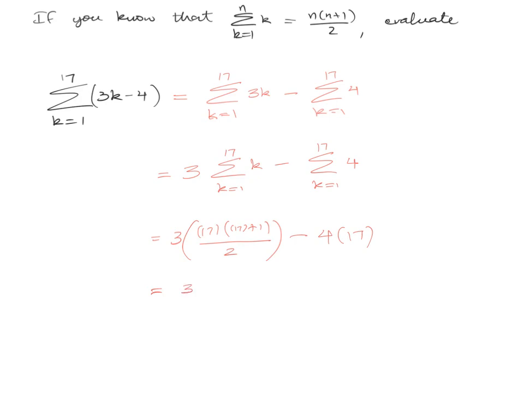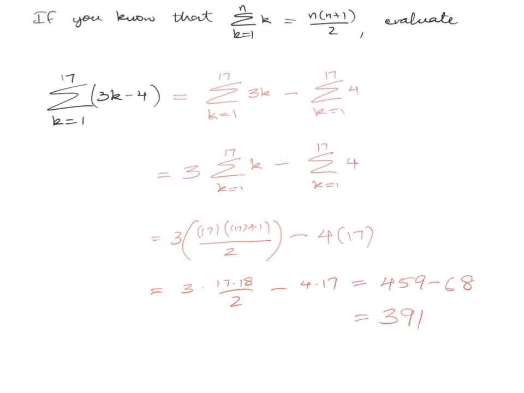This is 3 times 17 times 18 divided by 2 minus 4 times 17. And I would need to use a calculator here. So it turns into 459 minus 68, which is going to equal 391. And that's how I can use the sum.